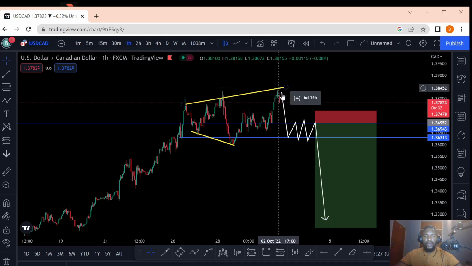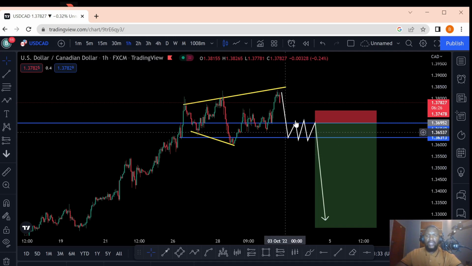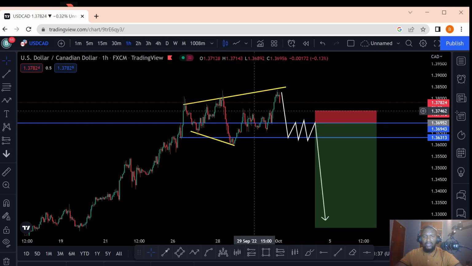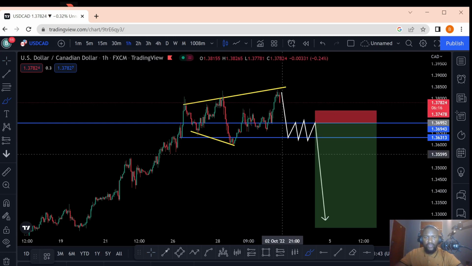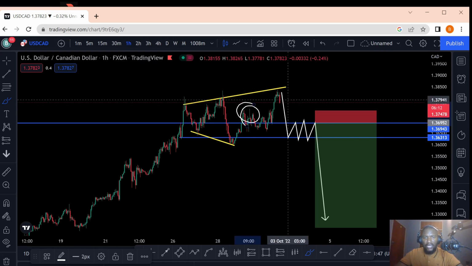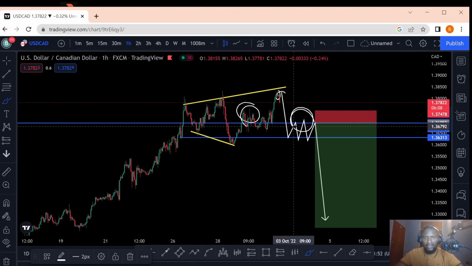But before we go down, we need to have a higher confirmation of price with this type of impulse correction below, and this will actually act as a head and shoulders of the smaller time frame structure, which is going to be our left shoulder, our head, and our right shoulder right there.